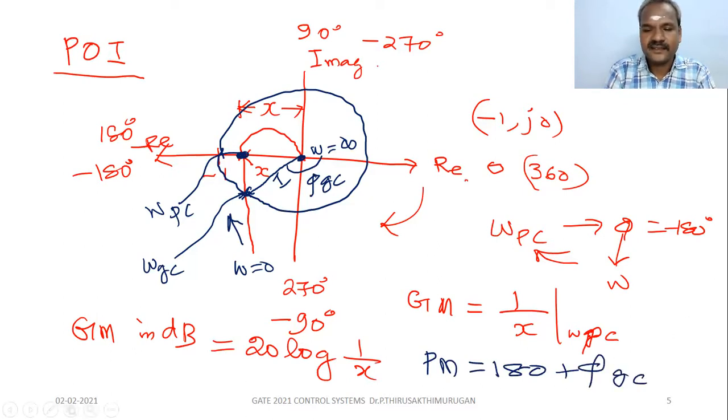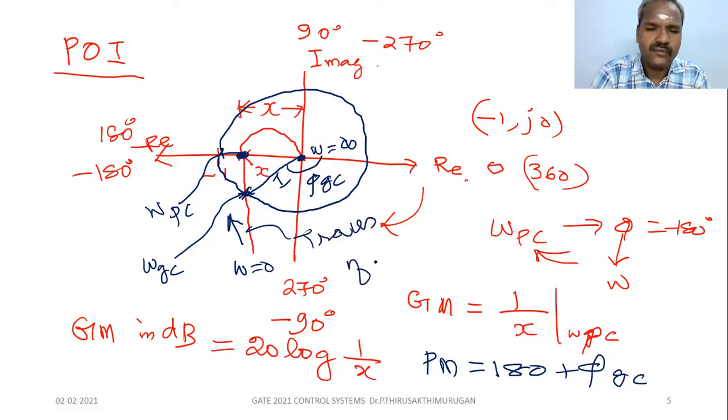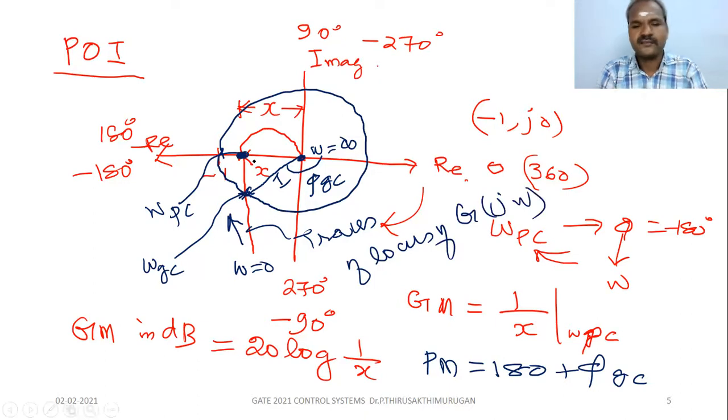So what is phi GC? The phase angle when the gain is 1. This is the locus of G of j omega varying from 0 to infinity. So this is the phase angle where the unity circle meets the polar plot.